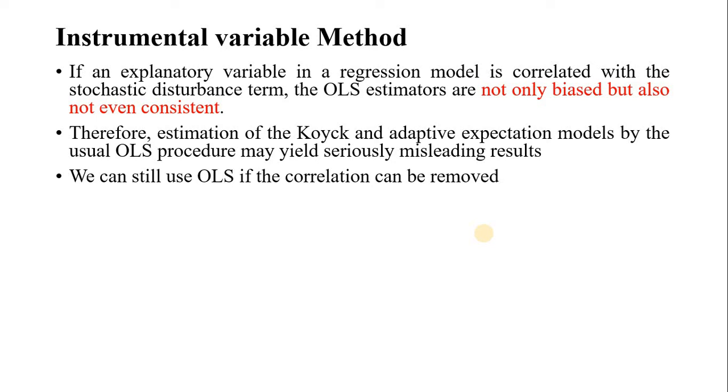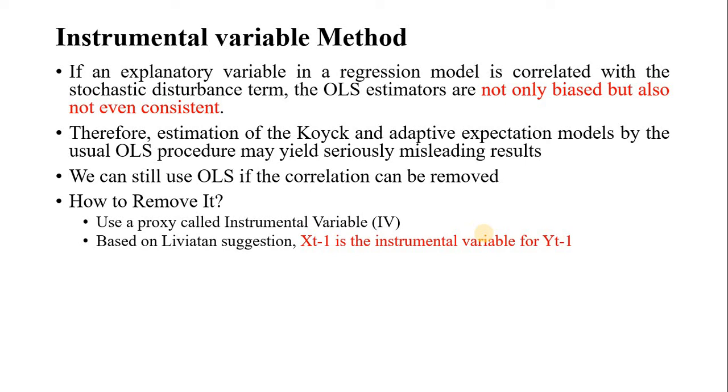What is the correction? It is a thing that will remove the correlation between ut and yt minus 1. This method is very simple. They are suggesting the use of a proxy variable. What is a proxy?